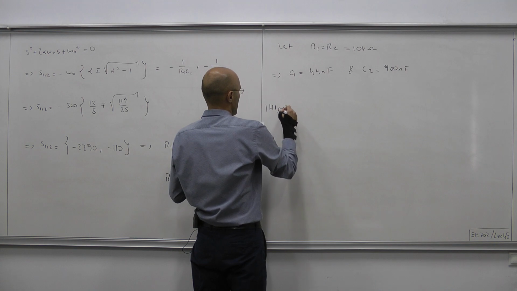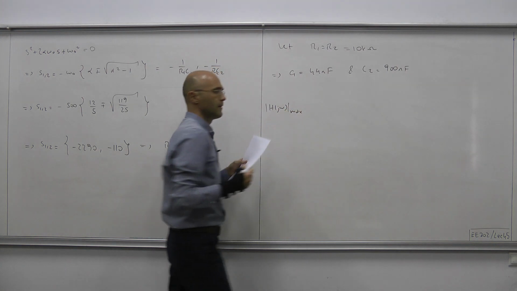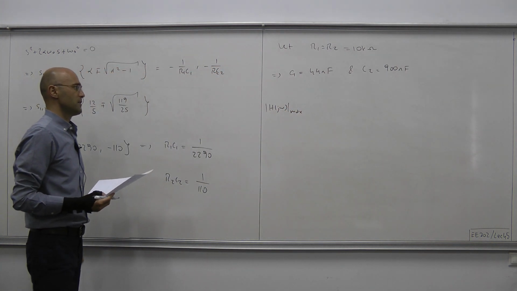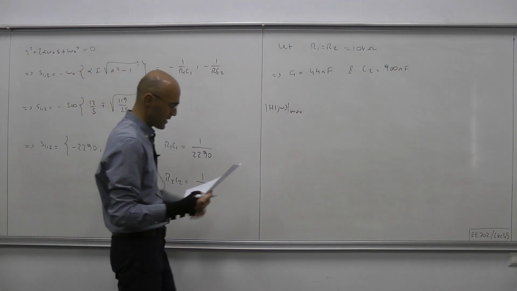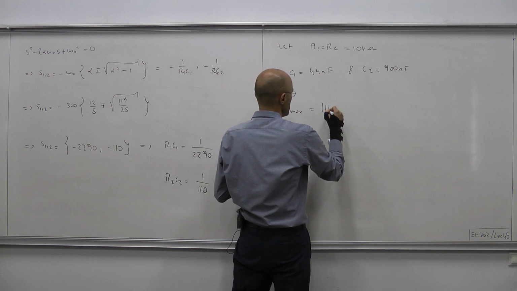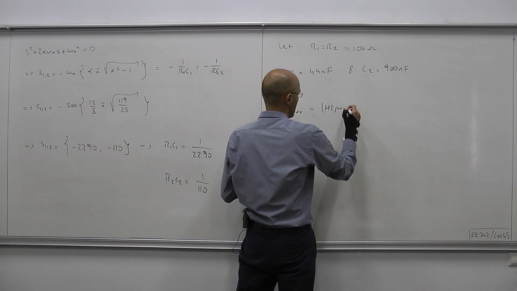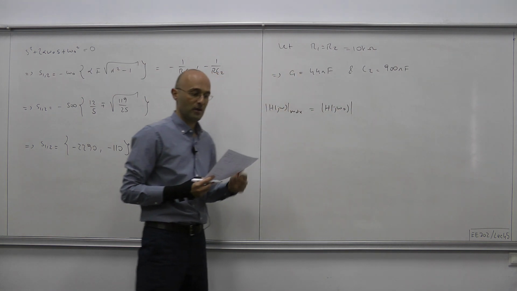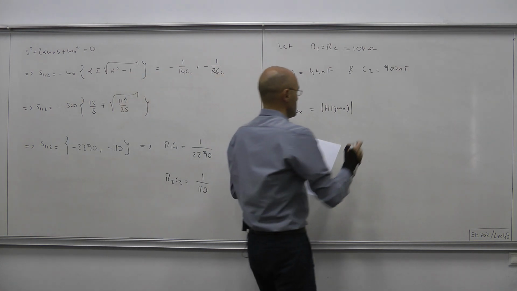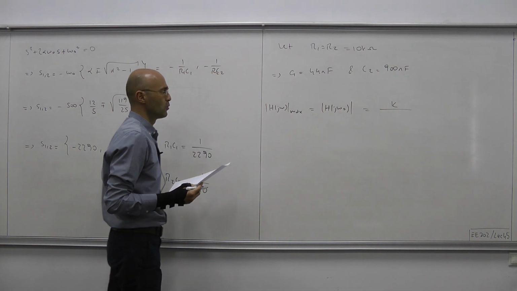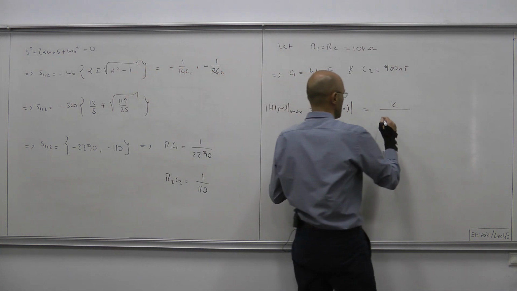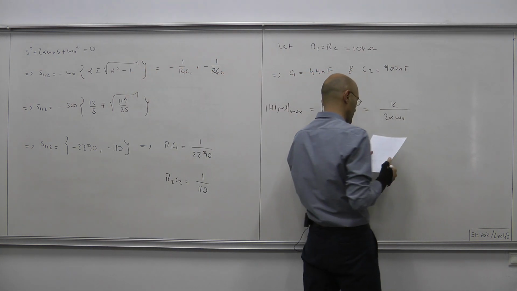Let's also talk about the constraint regarding the maximum value of the gain function, H_g(omega) max, which we know is achieved at omega equals omega 0, and which we know in terms of our prototype parameters equals K over 2 alpha omega 0.